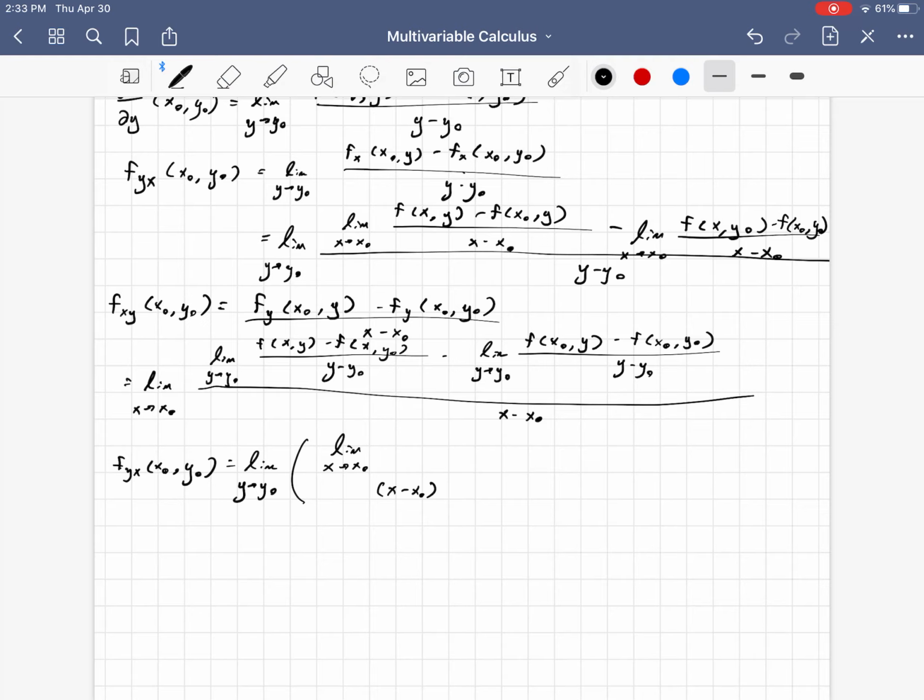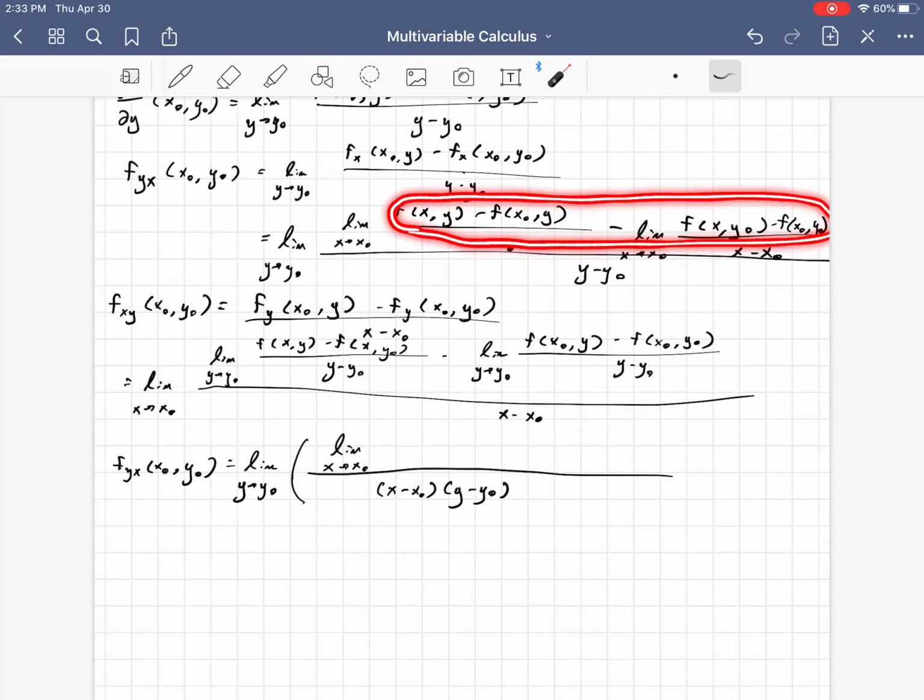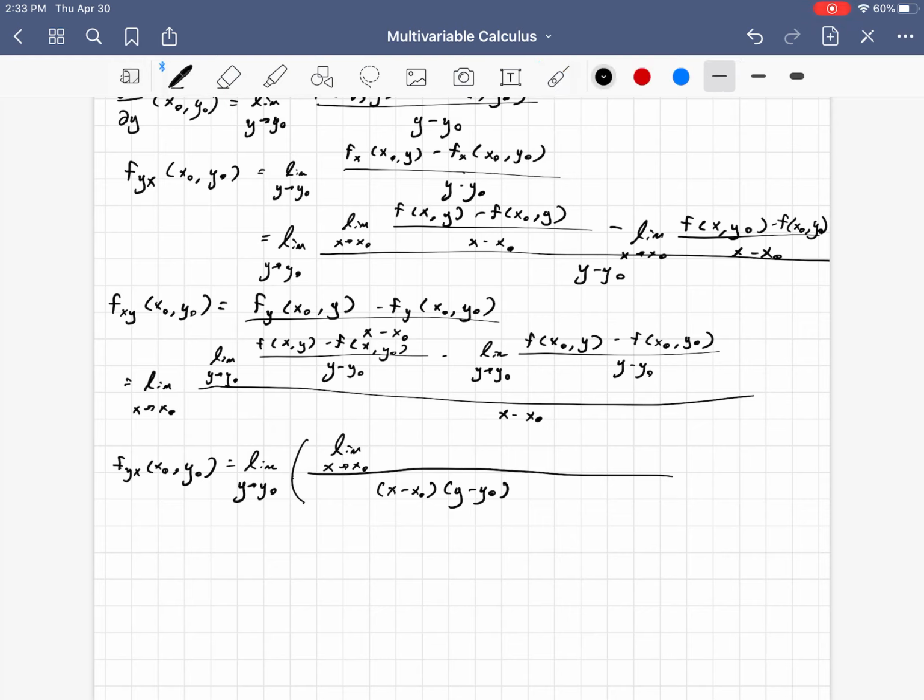Okay, now the numerator will be, we're combining these right here, since the limit of a difference is the difference of the limits. And so notice, will anything cancel out? No, it won't. So that's fine.